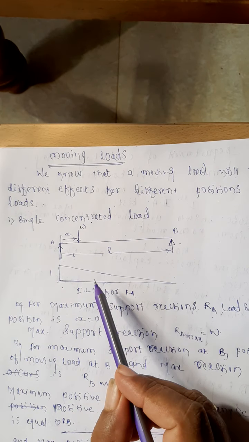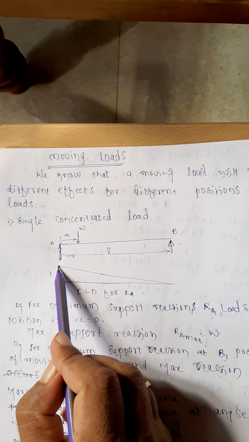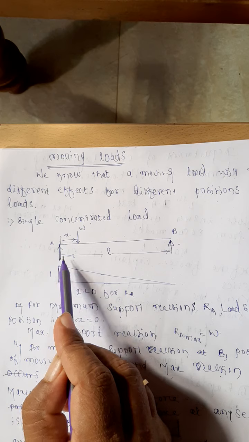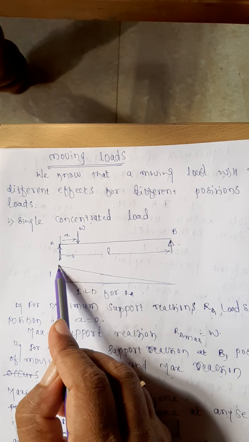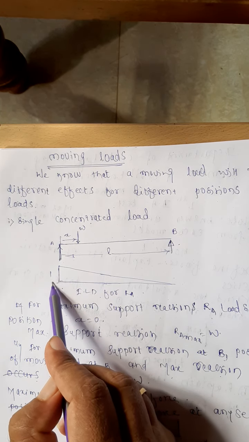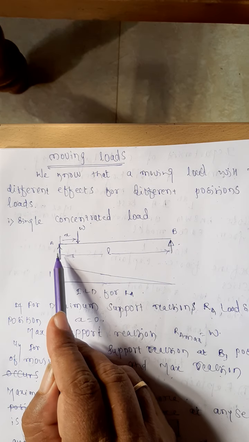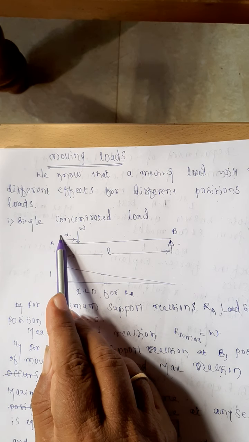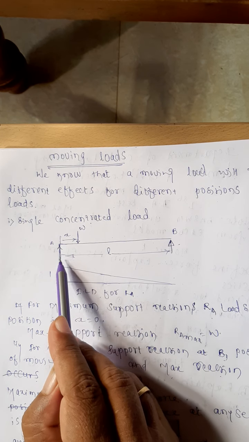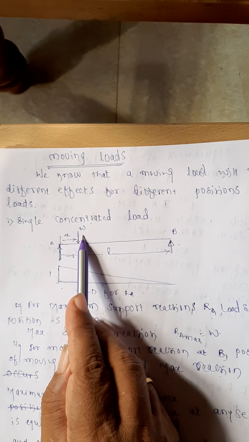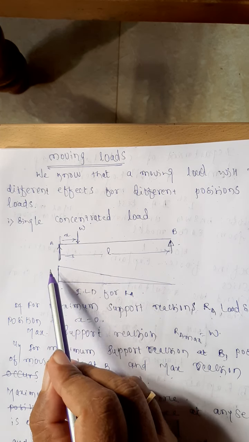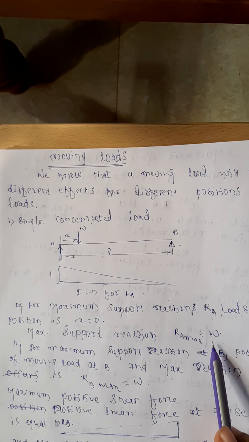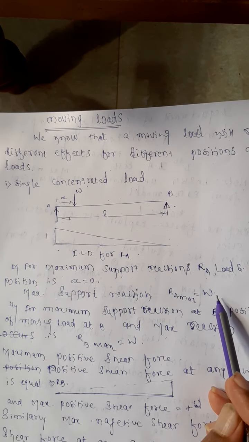This diagram clearly says that when the load is at this position, the support reaction is maximum, and that support reaction is equal to W, the load, multiplied by unity. So the maximum support reaction at A occurs when the load is at the support and the support reaction is equal to the amount of the load that is applied at that point. That is one thing. Maximum support reaction RA max is equal to W.